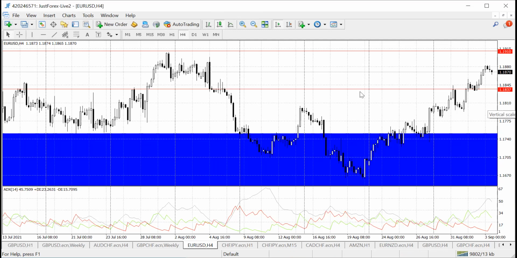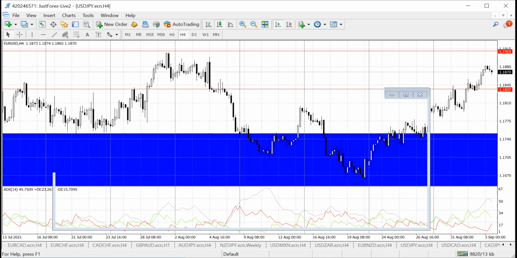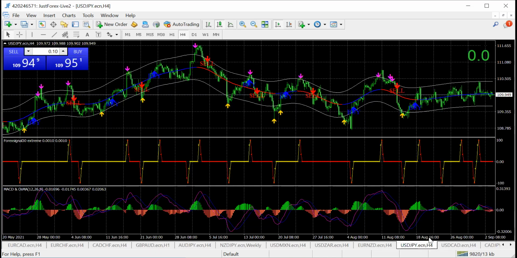Now, let's get to the final one. That's USDT, and see if we have the same correlative bias. Okay, this is the indicator I was talking about.